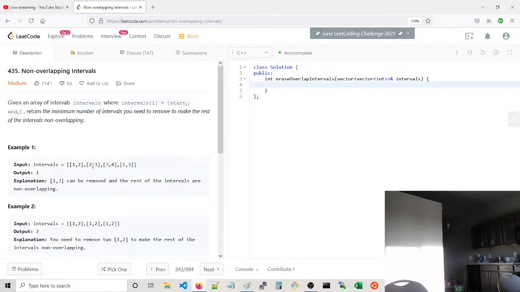I guess it'll just be the front of the set. And then what you're going to do is pick one of the intervals. So there should be the next value, and figure out how many intervals overlap with that interval as well.